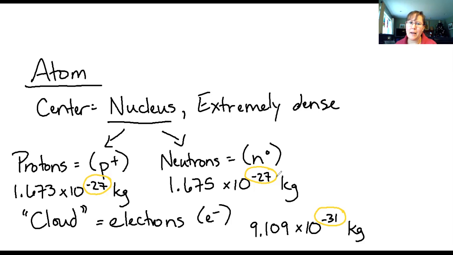Well, let's come back to neutrons. Neutrons don't actually change anything. They just add mass. And most elements are a mixture of isotopes. So what's an isotope? An isotope is something that has the same number of protons and electrons, because the protons and electrons are what determine what atom we have. But they have different numbers of neutrons.